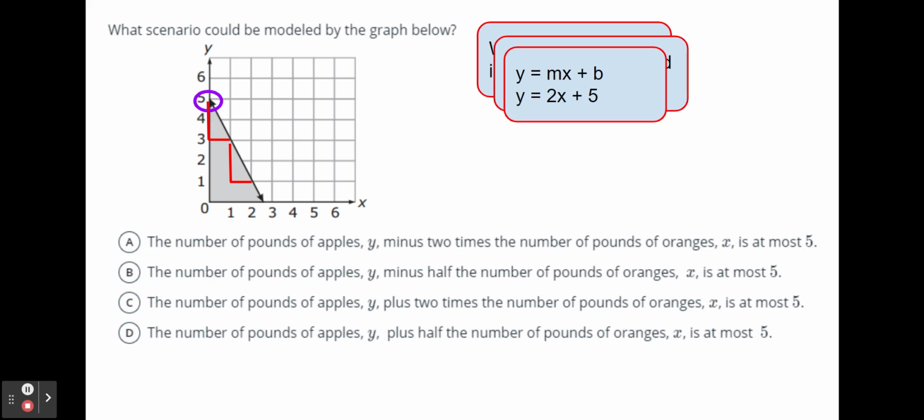If we pop that answer into our formula, y equals mx plus b, y equals 2x plus 5. C is our answer. The number of pounds of apples y plus 2 times the number of pounds of oranges x is at most 5.